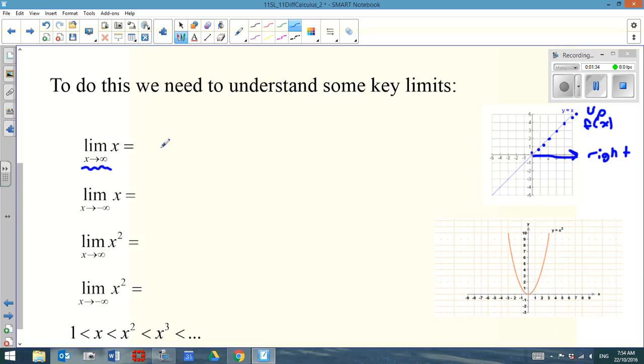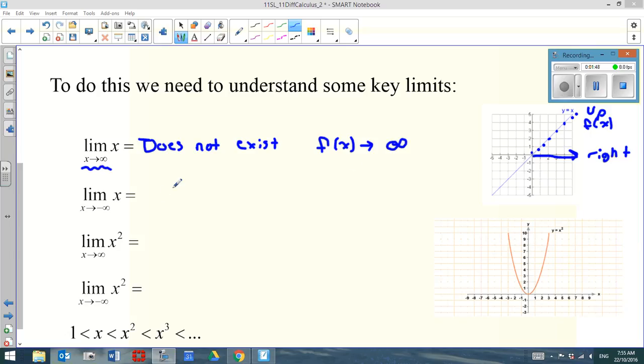So we actually do not have a limit here because our f of x is approaching infinity. So therefore, we just say that the limit does not exist because f of x is going to infinity.